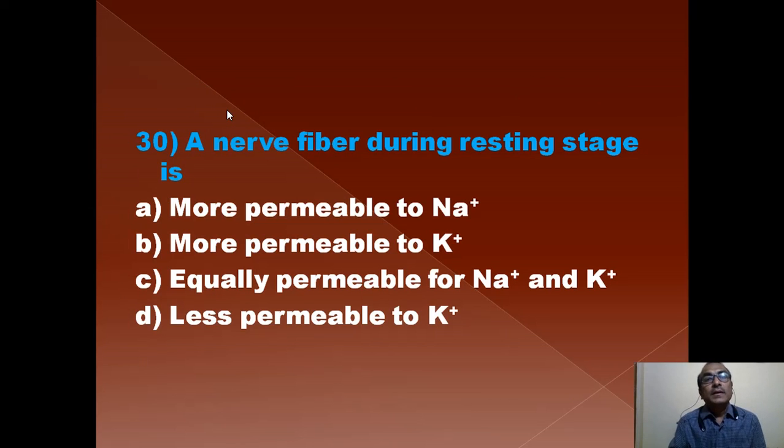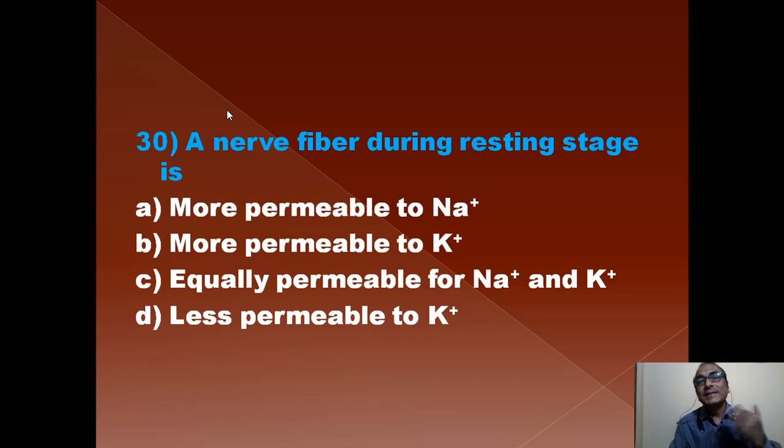Question number 30. A nerve fiber during resting stage is A. More permeable to sodium ions, B. more permeable to potassium ions, C. equally permeable for sodium and potassium ions, and D. Less permeable to potassium ions. We know that during the resting stage, when the resting potential is set, outside it is more positive because the sodium ions have been pumped out.